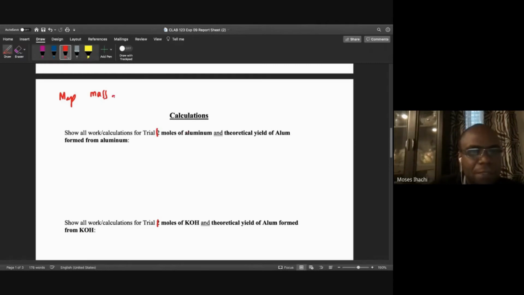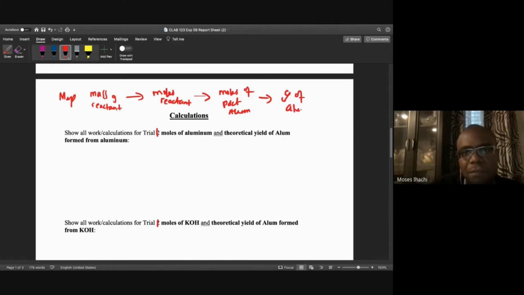You want to convert the mass in grams of the reactant, aluminum, to moles of aluminum, and then using reacting ratios from the overall equation of reaction, we'll find the moles of product, which is the alum, and then you convert that to grams of product, the alum. That will be the process for this one.